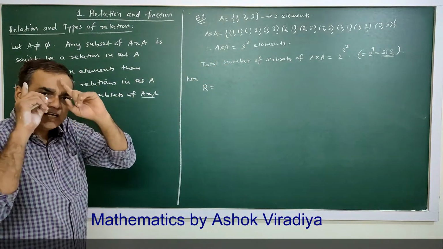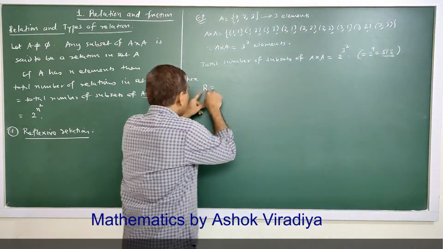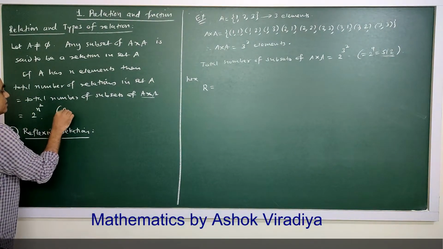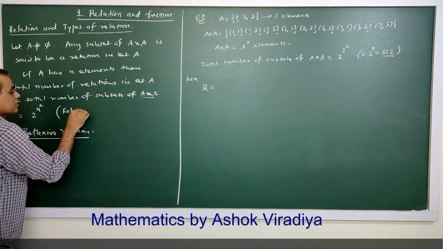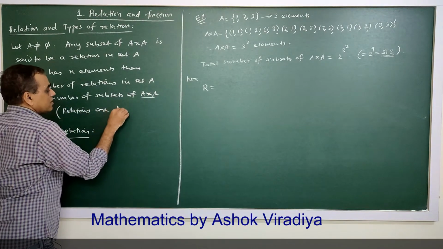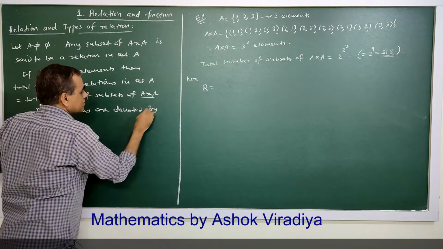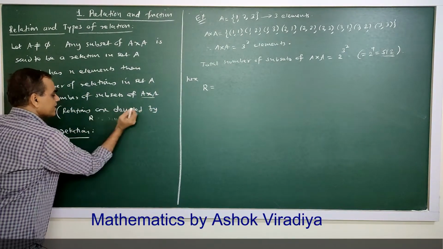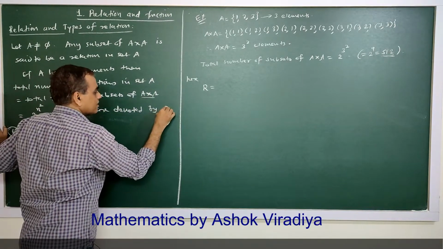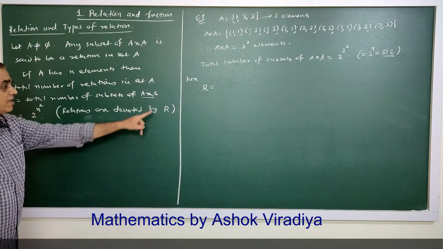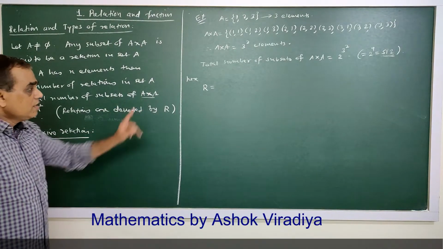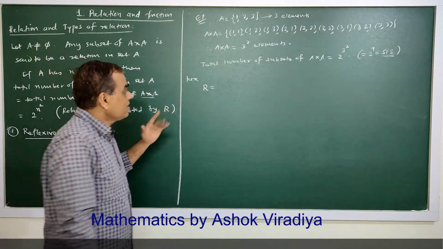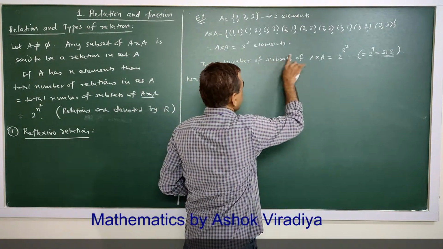I am taking any one subset here, which I am calling R. Relations are denoted by R or sometimes S. Mostly it is denoted by R, the first letter of the word relation. Suppose I am taking one relation. Relation means a subset of A cross A.